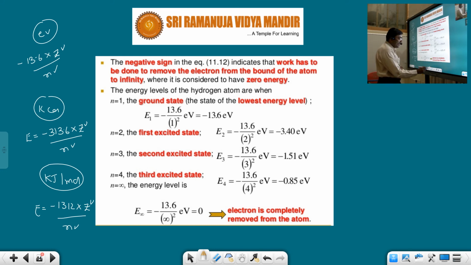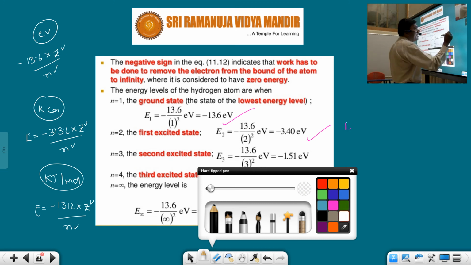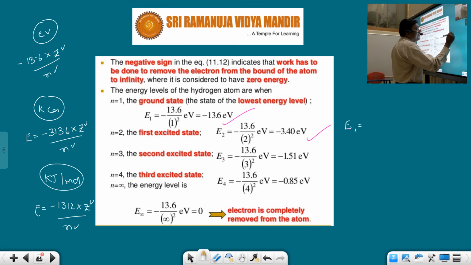So already we have calculated for 3 orbits, right? The first one is minus 13.6 when it is hydrogen atom, and the second one is minus 3.4. If you calculate, you get E1 is equal to minus 13.6 electron volts. You can remember these things, it will be helpful for you.